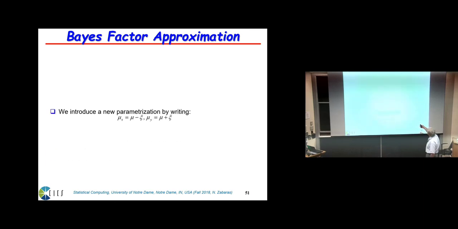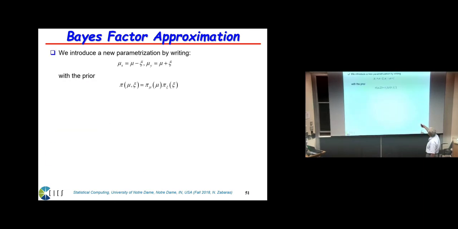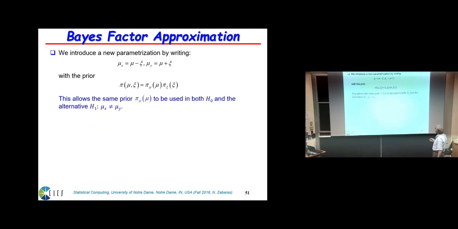By doing this trick, it will allow me to put the same prior on this mu as I would put on the mu on model H0. So for model H1, the priors basically will be written as this prior on mu, which is what I will use on model H0, plus the prior on xi, okay?